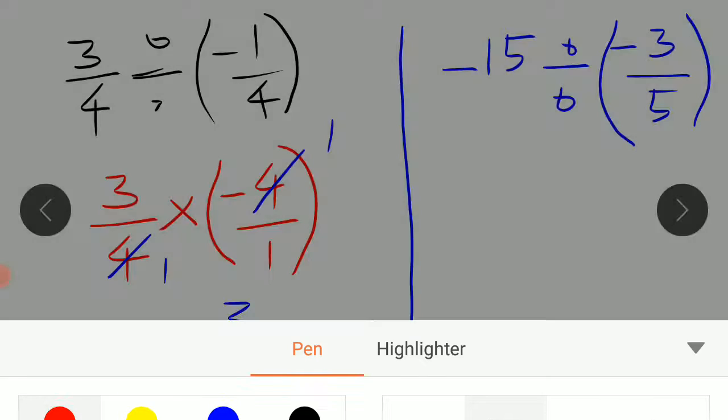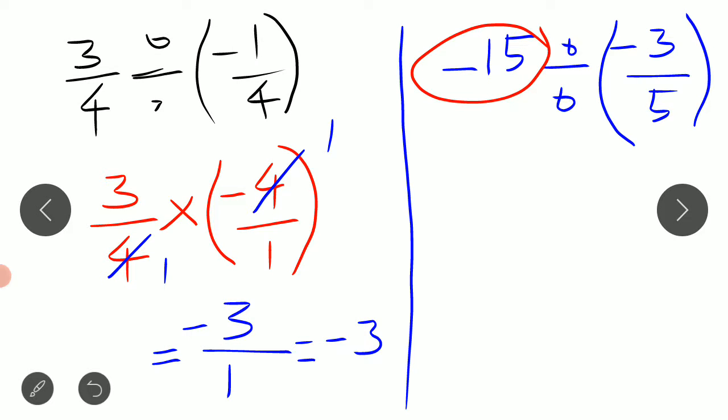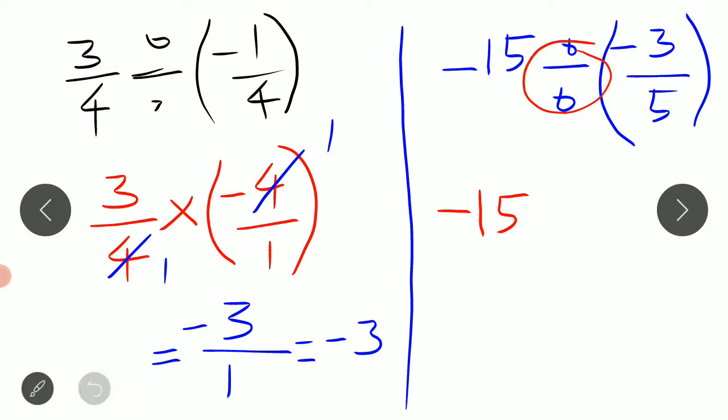So don't change the dividend. Whatever the dividend is, copy it as it is. We cannot divide directly, so we change the operation into multiplication by the reciprocal of the divisor. Don't forget, in this step, when you change the operation, change the divisor.